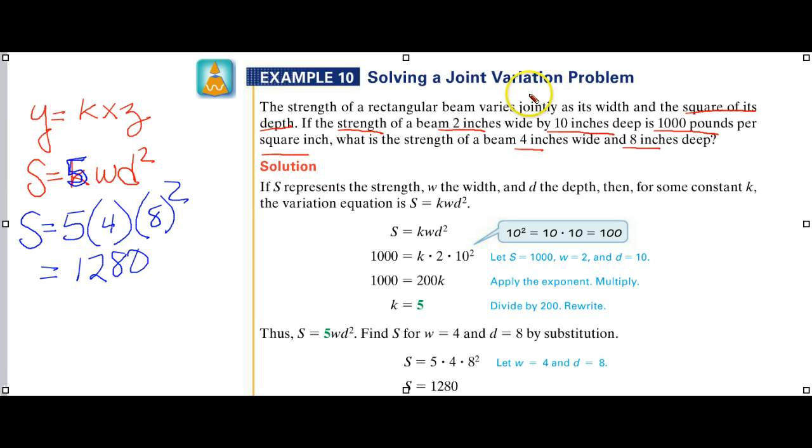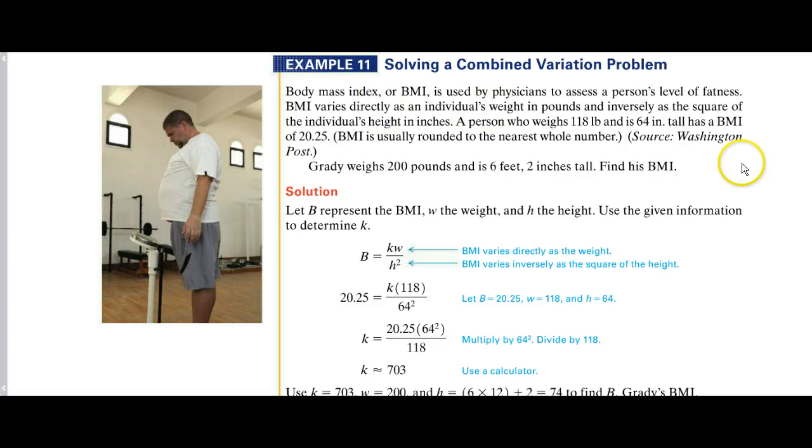And we did it by using our basic formula, substituting carefully, finding out what K was. Once we knew what K is, we then substitute the new values to find our new strength. And this is something, again, you'll have in your notes, and if you have one like this, you would follow this protocol.